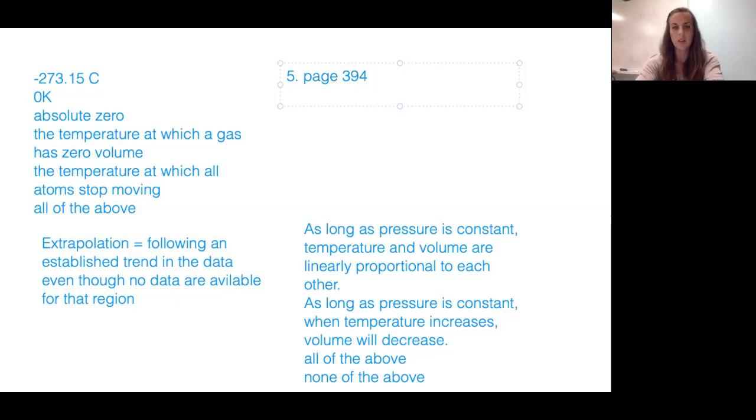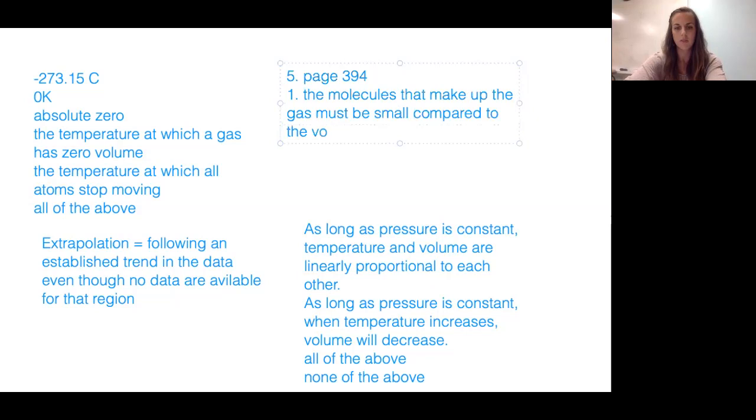So let's just say what they are. 1, the molecules must be small compared to the volume of the gas. The molecules that make up the gas must be small compared to the volume available to the gas.